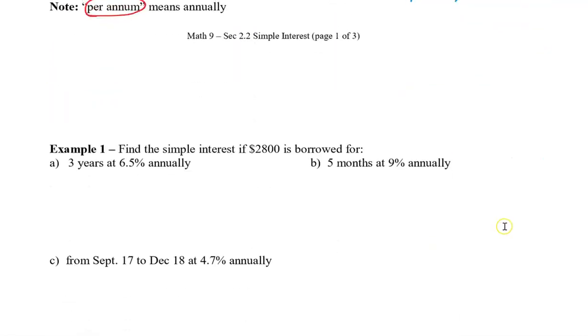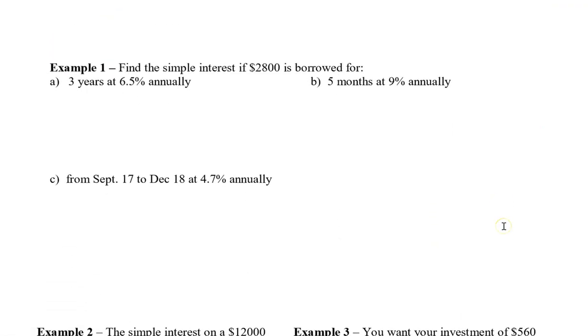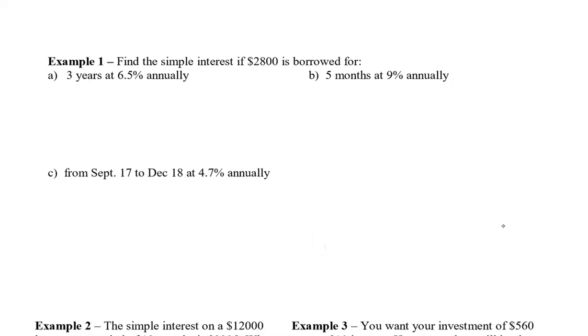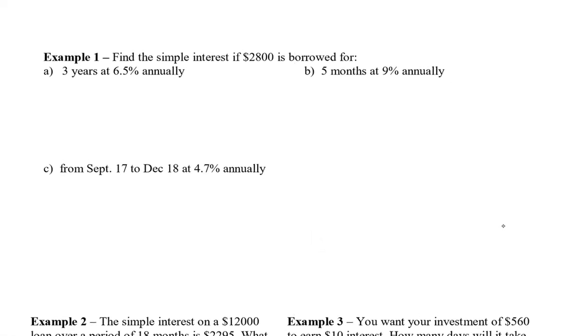So let's take a look at some examples. So here we have a question where we have to find the simple interest if $2,800 is borrowed for these 3 different times of year and also 3 different interest rates. So the first one here, we have 3 years at 6.5% annually. So at the top here, I'm going to write I is equal to PERT so that I have something to refer to.